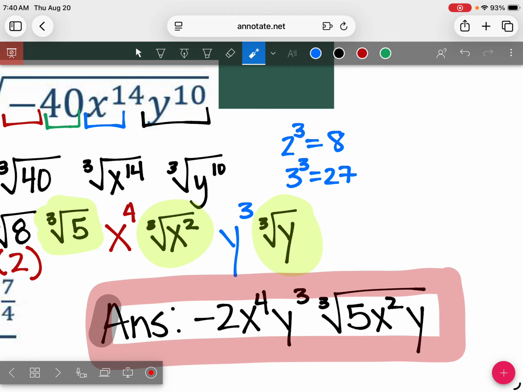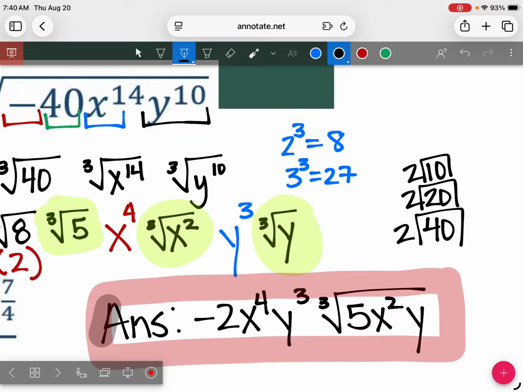Now, I'm going to do this one time. You can make a cake. If you were to make a cake with the 40, and again, if you are a cake person, you just have to make your cake on the side. There's nothing wrong with it. You would start off by dividing it by 2. Then you would get to a 5, and we have to divide it by 5.